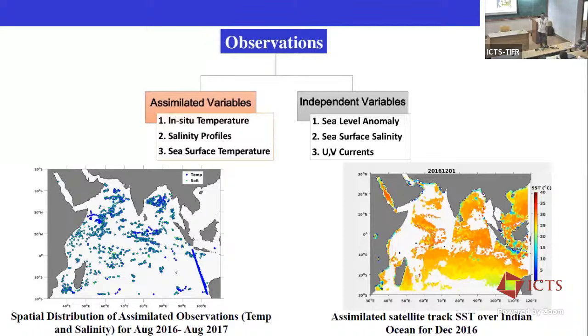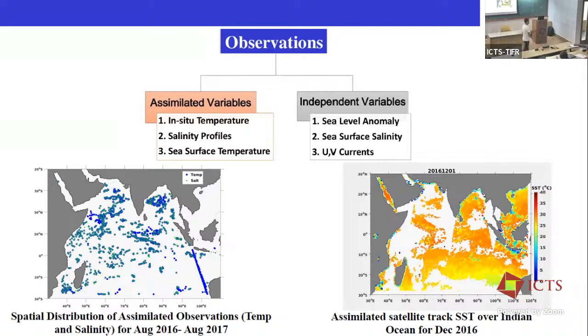Then there are other observation platforms called moored buoys. Moored buoys are in situ observations. They are installed and will not drift. They provide a vertical profile of temperature and salinity at a single point every day.